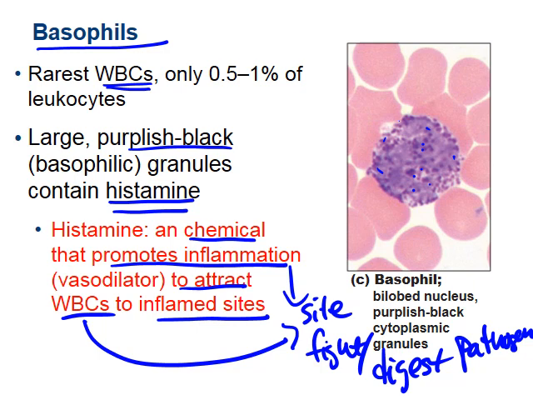Let's think about, I cut myself, I'm bleeding, and I have redness and inflammation at the site. In that case, histamine is released from your basophils, and it acts to attract white blood cells to the area so they can clean up any pathogens that happen to come into your connective tissue, where we have a ready blood supply.